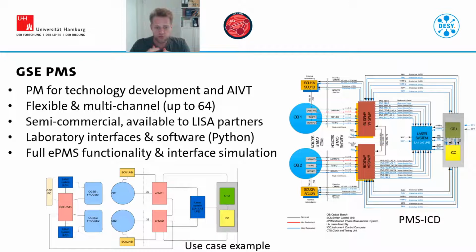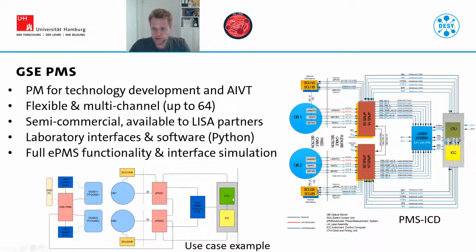It should have laboratory interfaces and software, so you'll be able to use such a Phasemeter not only with a SpaceWire interface, but with a Python interface and Ethernet with the lab computer. And we hope to be able to provide full EPMS functionality and simulate all of its relevant interfaces so that we could actually, quote-unquote, fully replace an EPMS in testing.